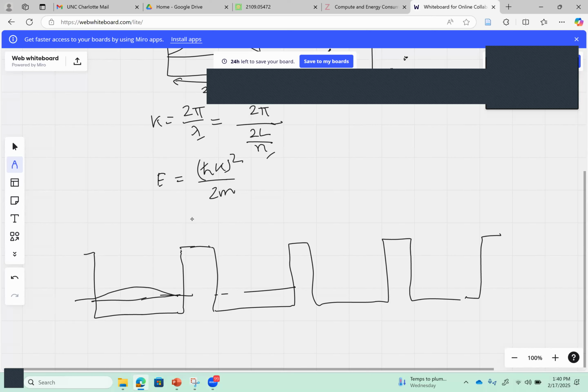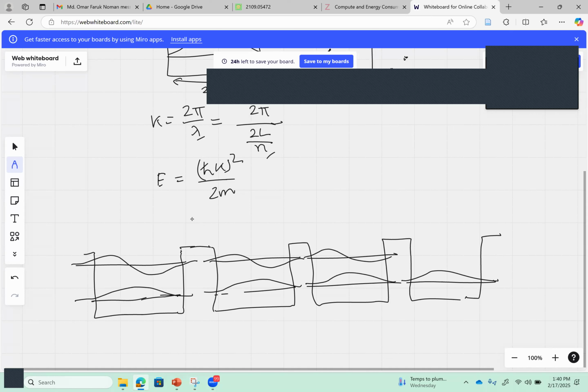So this is one wave function, this is another wave function, another wave function. All these wave functions would interact through their tails. And because they interact, the energy would split. All of them would interact.